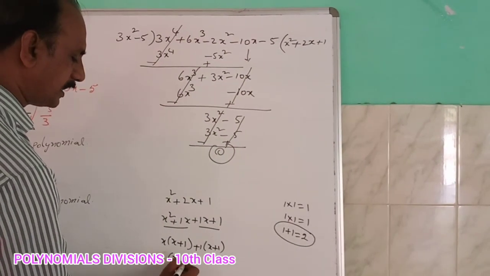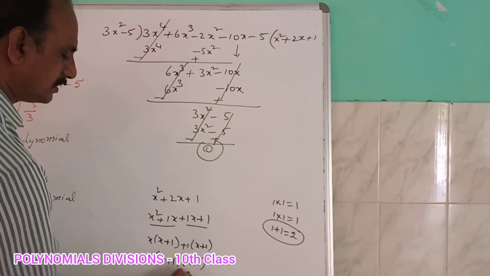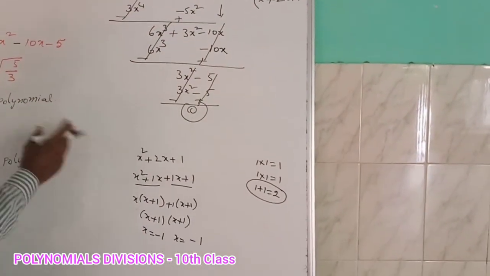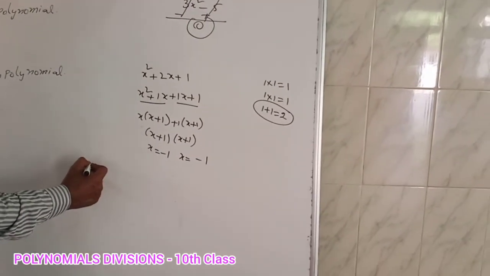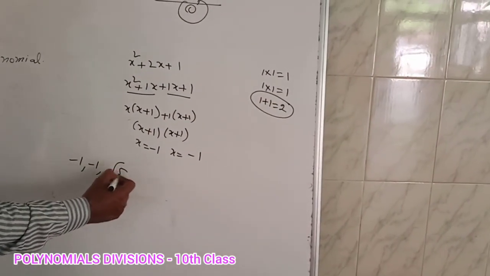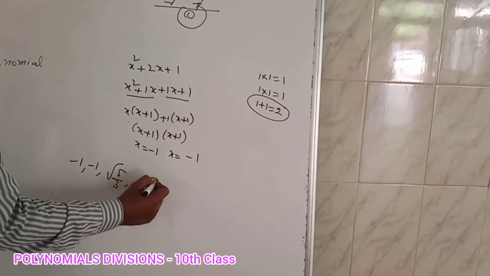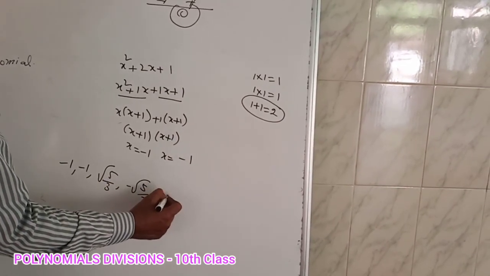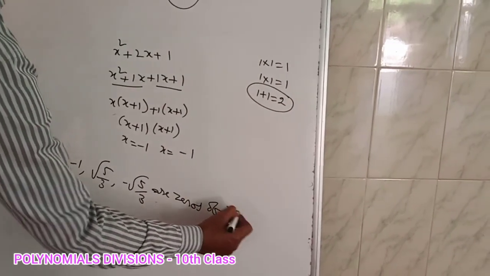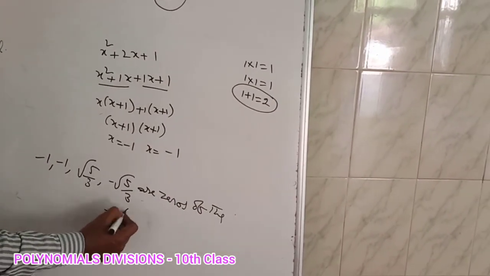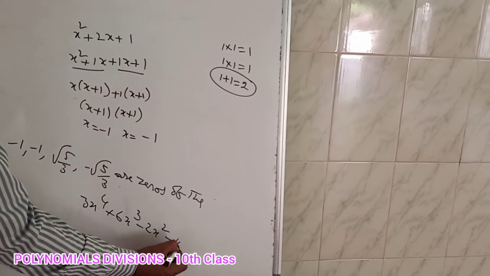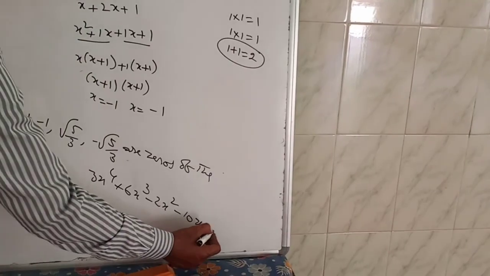Then x plus 1 into x plus 1. x equal to minus 1, x equal to minus 1. So what are the zeros of that? Minus 1, minus 1, and root 5 by 3, minus root 5 by 3 are the zeros of 3x to the power 4 plus 6x cube minus 2x square minus 10x minus 5.